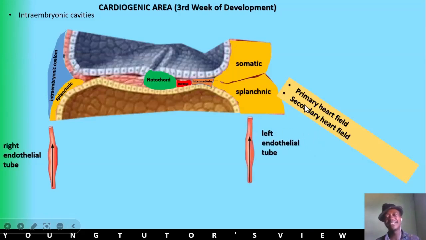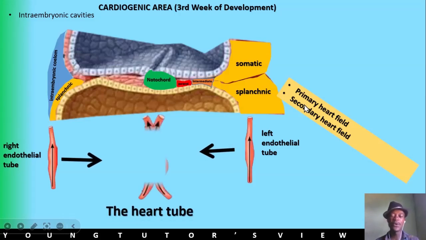We are going to see that the endocardial tubes are the ones that come together, influenced by some folds, in order to form the heart tube. So how does that happen? We are going to see. Let's go into it and see how this happens.